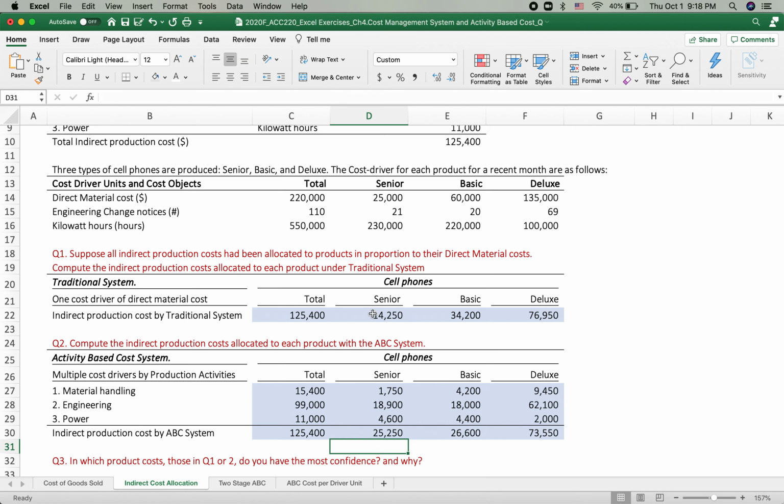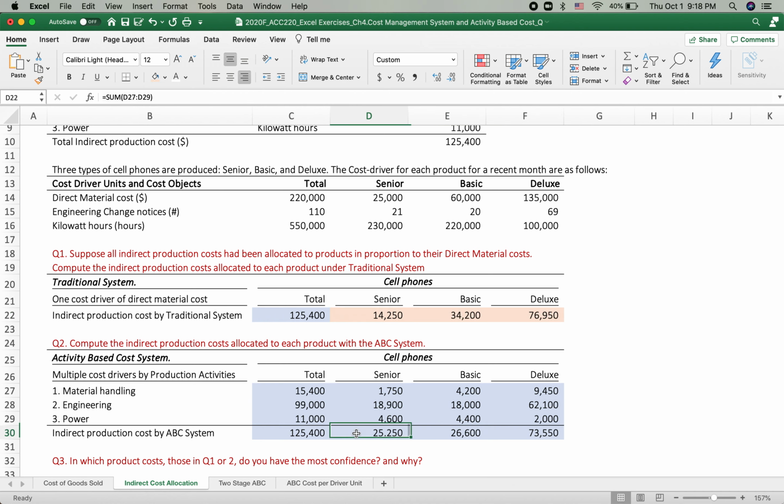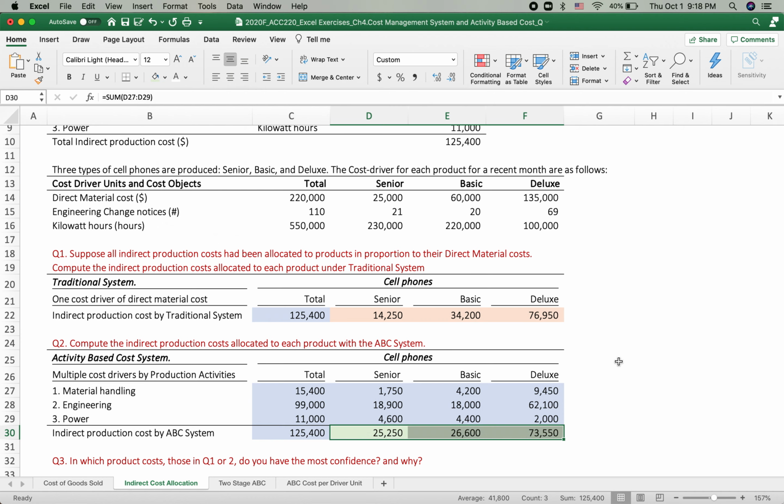Now let's compare these two. What do you see? Okay, under the traditional system, the indirect production cost allocated was 77,000.